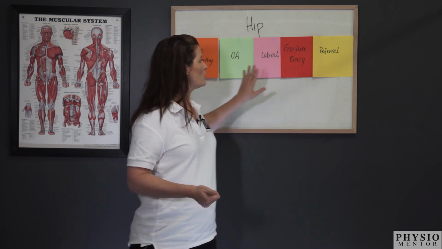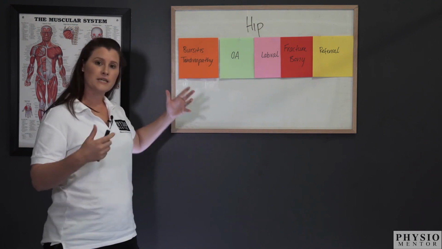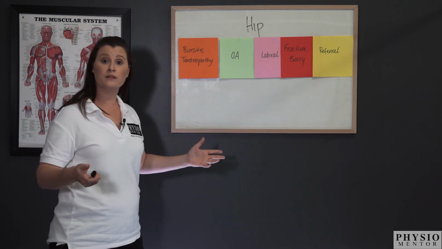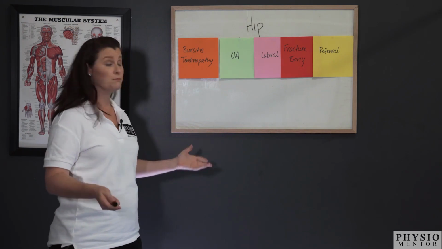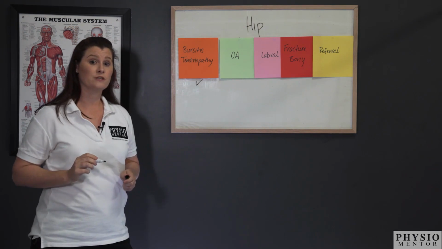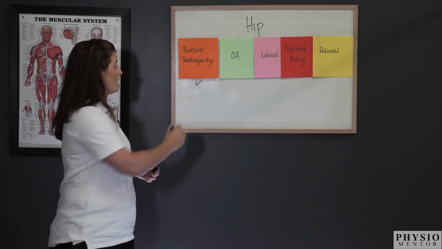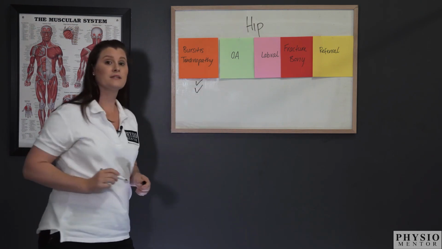So you can start to hear a bit of a pattern happening. If you had a middle-aged woman present to the clinic, the age category fits correctly, complaining of lateral hip pain, once again, we might be in this category.